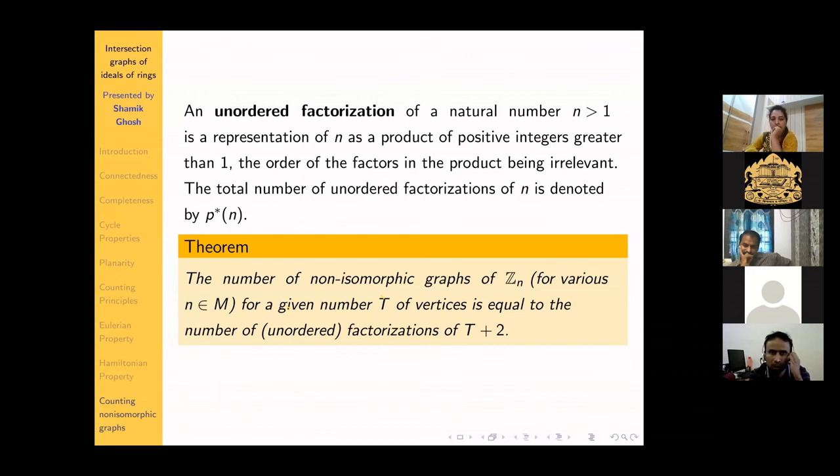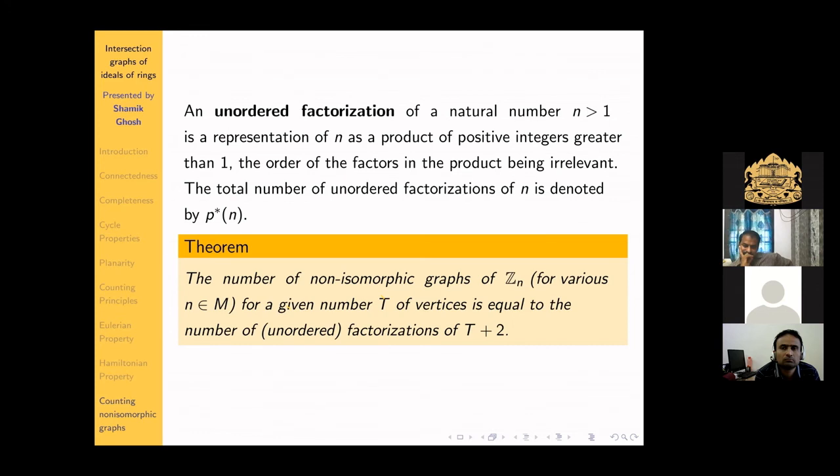So if we are given a natural number and we ask how many unordered factorizations of n there are, that is symbolized by p star n. You can remember the number of partitions of n, that is the unordered additive partition of n. Suppose for 3, you can write 3, 1 plus 2, 1 plus 1 plus 1. There are 3 partitions. But this is a multiplicative partition: it is how many ways you can factorize n.